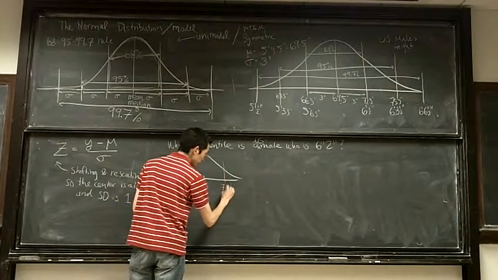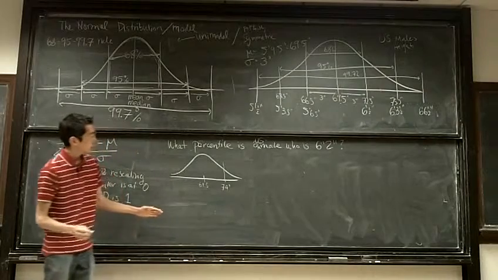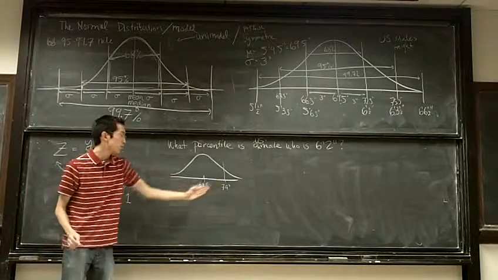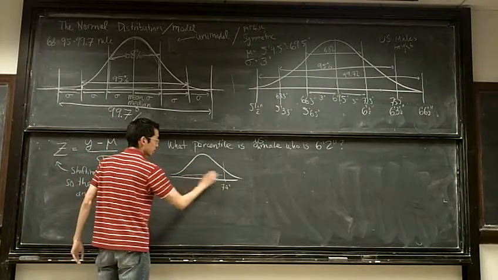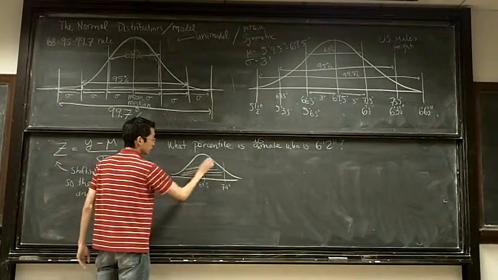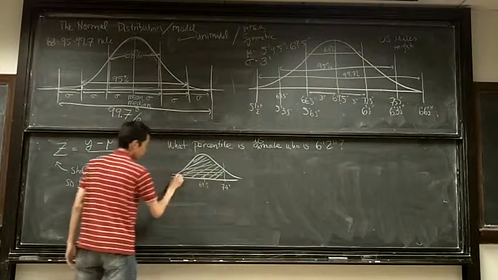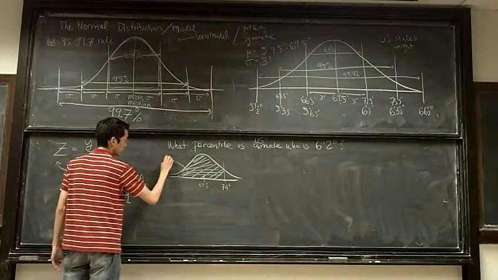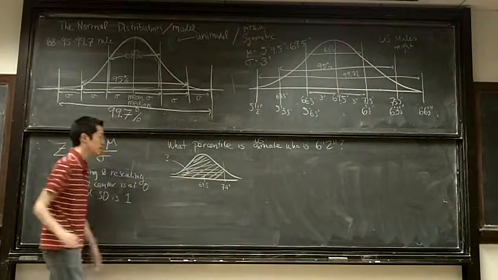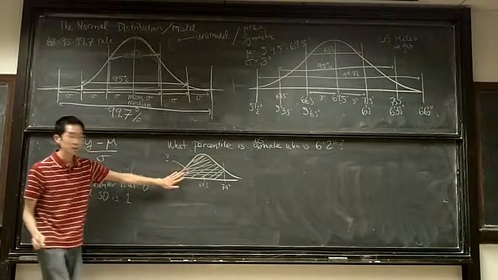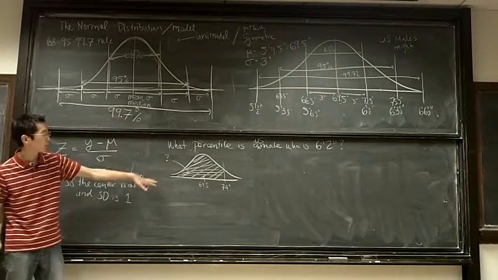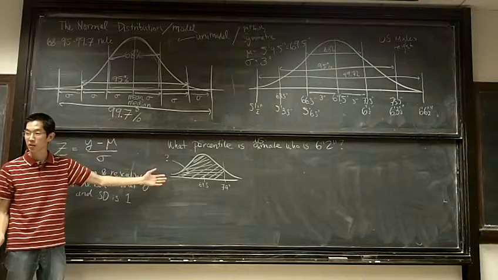So this person is at 74 inches. So here's the cutoff point, and we want to know what percentage of people he is taller than. So we want to know what is the area over here, okay? This represents the percentage of people that he's taller than. And so we want to know what is this percentage here.